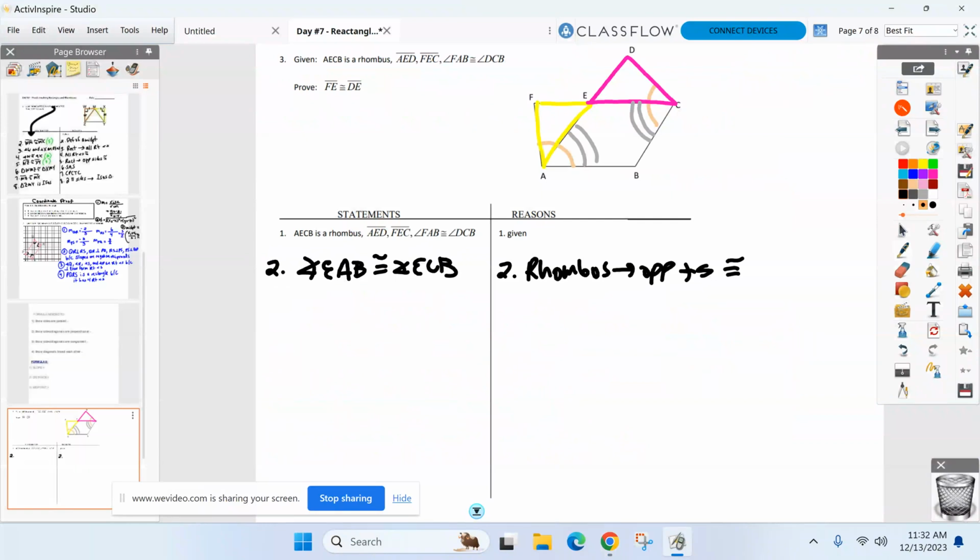You're making me worried. Okay, you've been hanging out with Matt too long. All right, here we go. Angle FAB minus angle EAB equals angle DCB minus angle ECB.